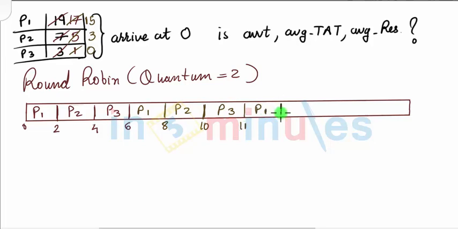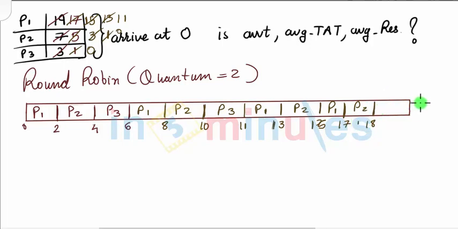P1 again gets in and runs for 2 cycles, so that is 13. P2 is about to get exhausted, running to 15, and left is only 1. In the next round P1 enters, left is 11, and finally P2 is exhausted, coming out to 18, with only one cycle in this case.